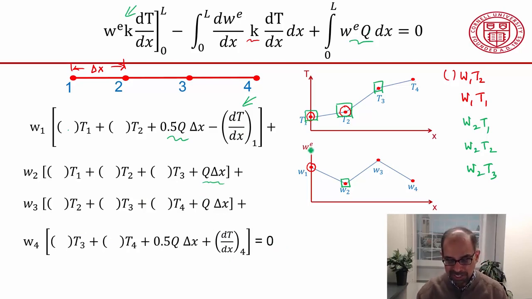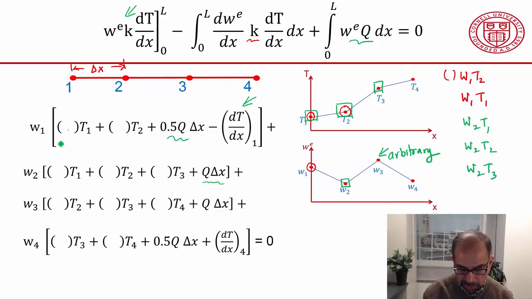Now we are trying to satisfy this for arbitrary W, which means that our nodal values here are arbitrary. So if you want this to be equal to 0 for any values of W1, W2, W3, W4, the only way you can do this is if each individual term is equal to 0.